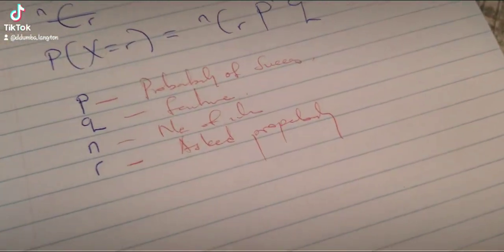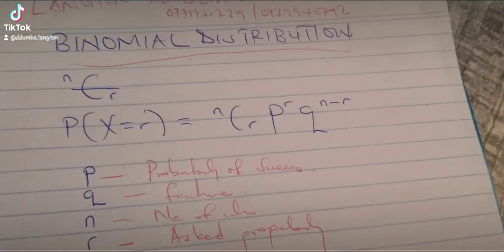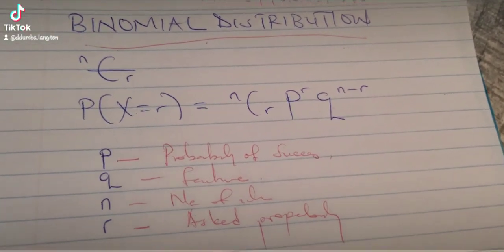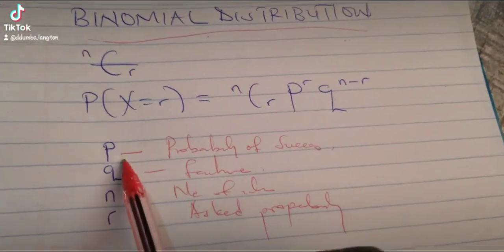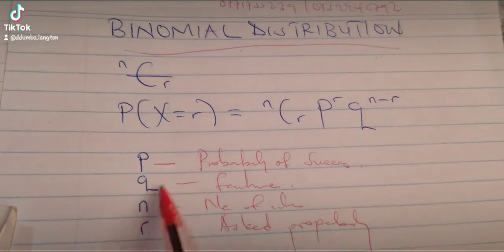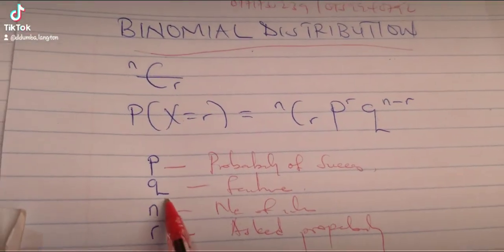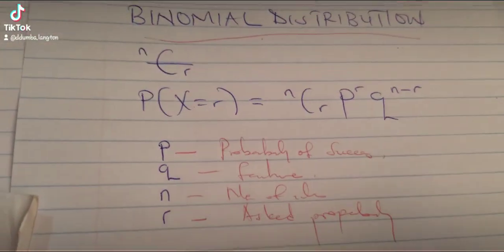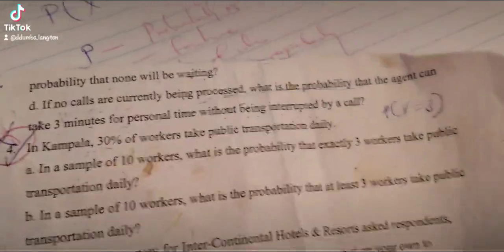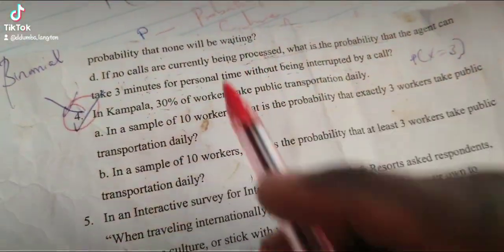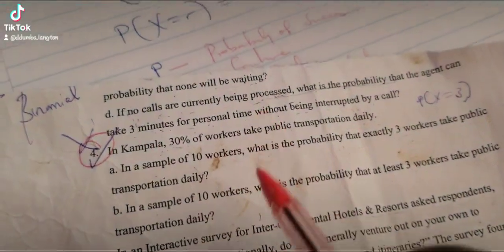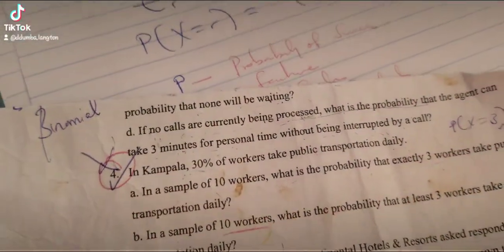When you go back to our formula, we said nCr, p to power r, then q to power n minus r, whereby p is the probability, q, and the n and the r. In the question you can easily observe that they are saying in a sample of 10 workers. So this sample is our n.